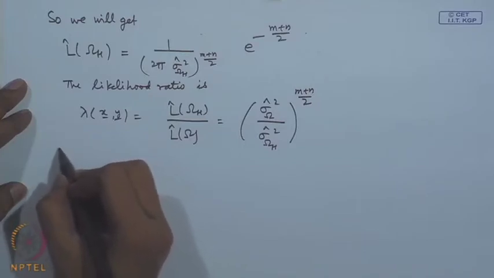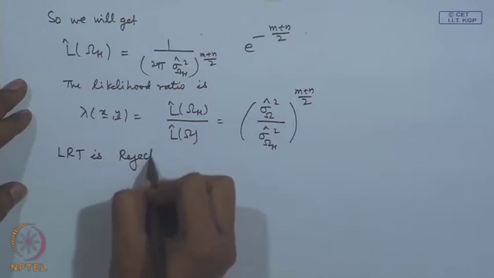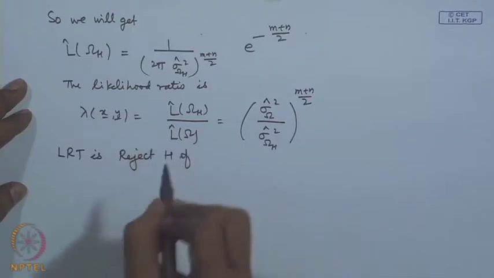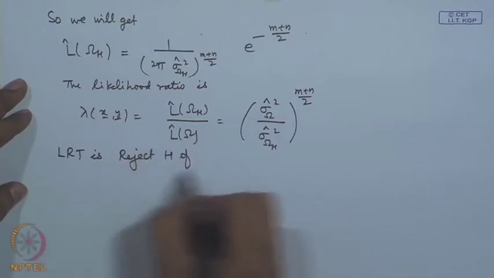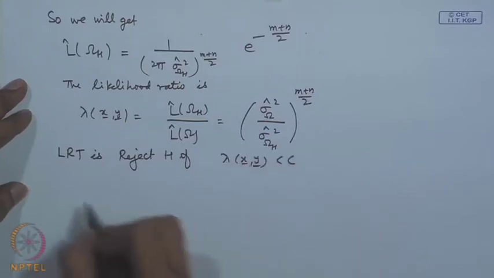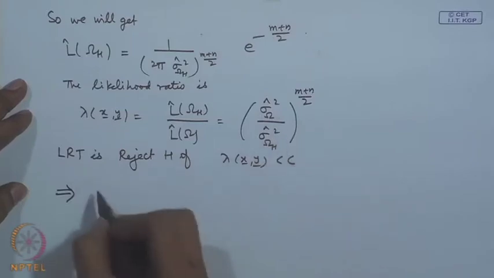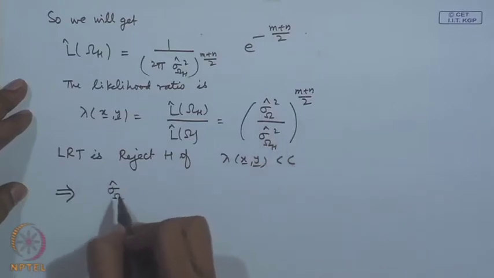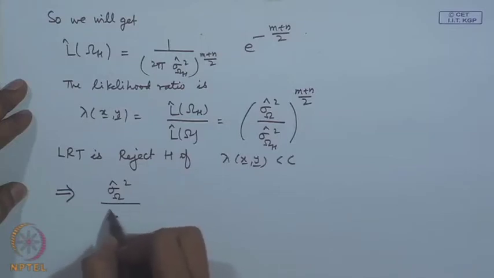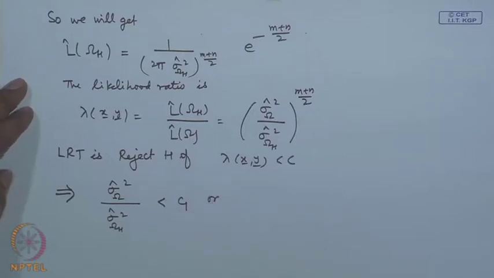So, the likelihood ratio test is: reject H if lambda x y is less than c. Now, that will be equivalent to sigma omega head square divided by sigma omega h head square being less than some c 1, and then we can substitute these values here.